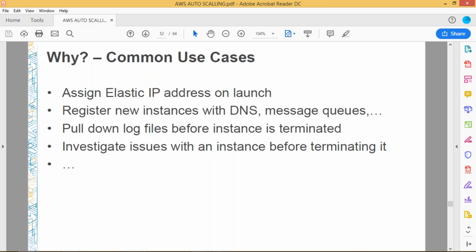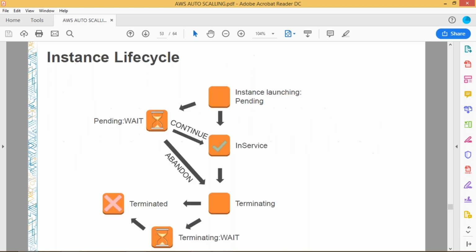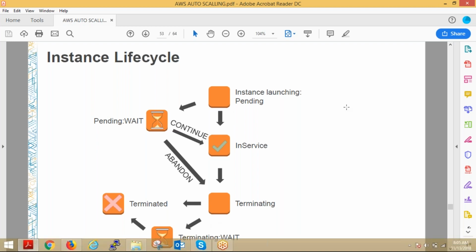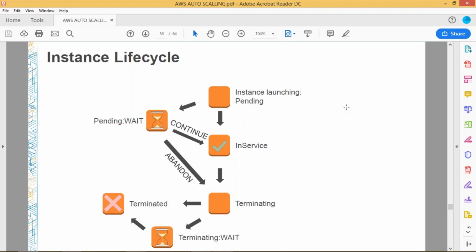So those are the use cases of the auto scaling, why we are going to use it and what the use of it is. The instance lifecycle: launching, pending, pending wait, pending proceed, in service, and termination, terminating wait. So that sort of instance lifecycle is automatically created on the AWS end.